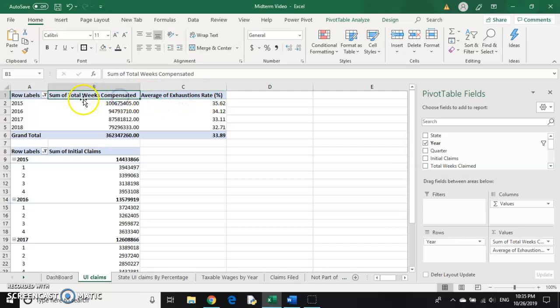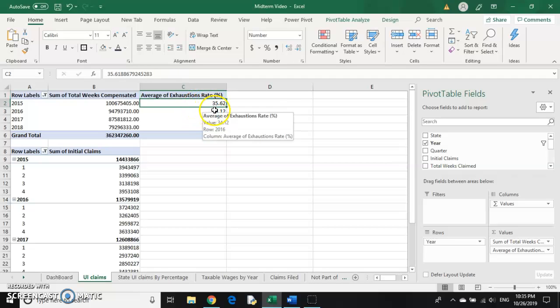This simply means the number of weeks claimed by the people who are unemployed at that time. And the exhaustion rate simply means the percentage of people who are actually claiming the maximum weeks allowed by the government, which is 26 weeks.